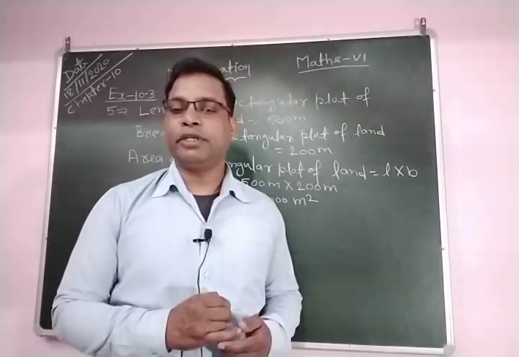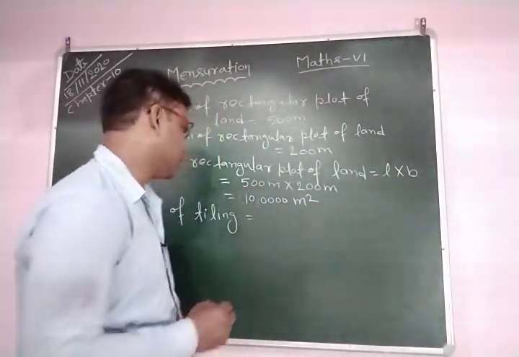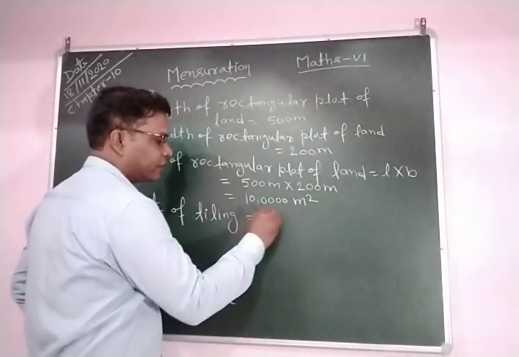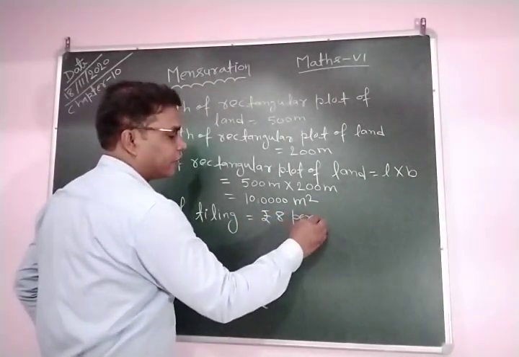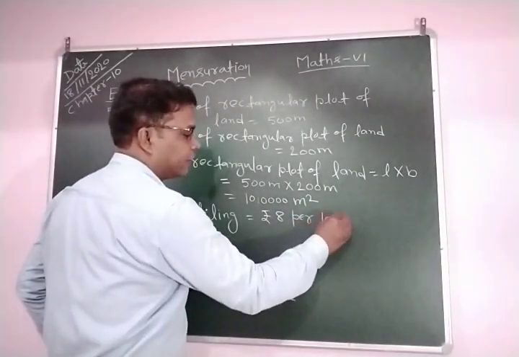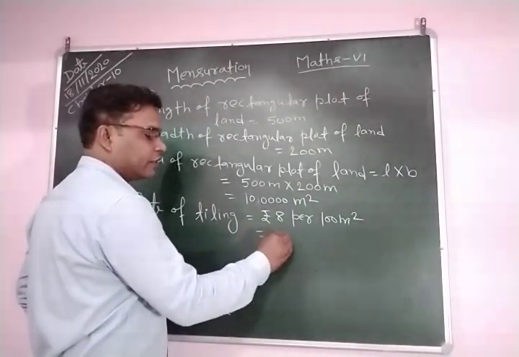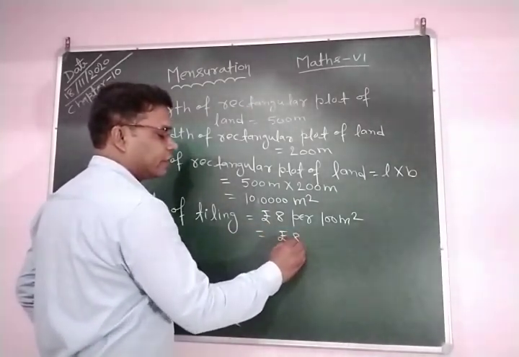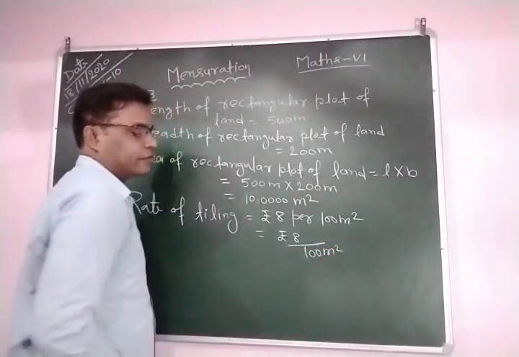So you can write here rupees 8 per 100 meter squares, or rupees 8 by 100 meter squares.